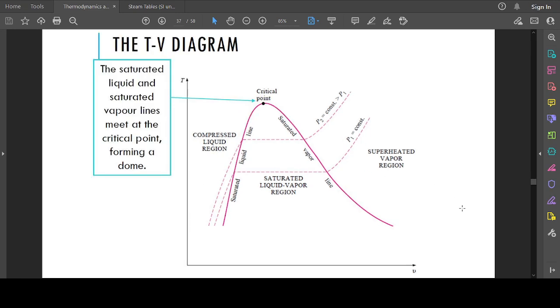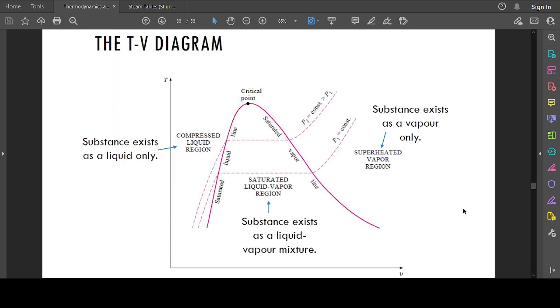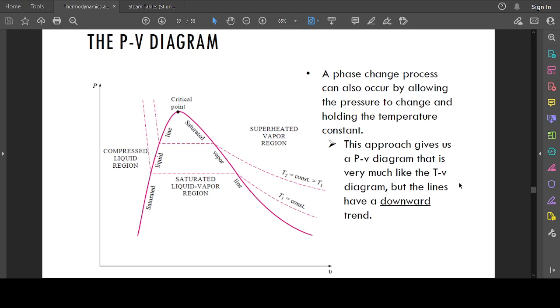So the saturated liquid and saturated vapor lines meet at the critical point to form a dome, and as we already know, the different regions that make up the TV diagram at this point for boiling. Then, like we said, if we represent this diagram from the TV to a specific volume diagram, the only difference is that the temperature will now remain constant.